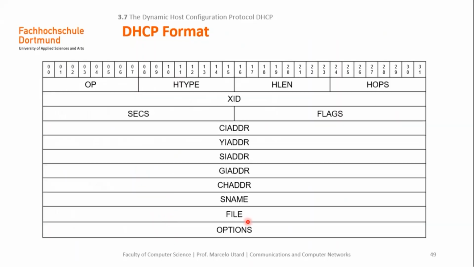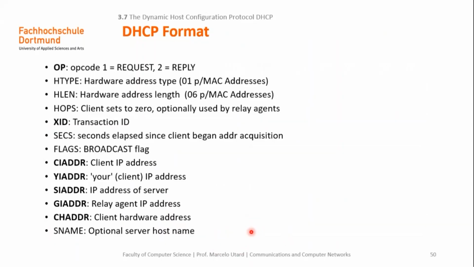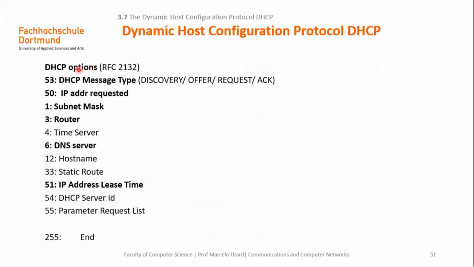And remember, at the end of the DHCP message, there are several options that are coded. For instance, option 53 specifies the DHCP message type, that is DHCP discovery, DHCP offer, DHCP request, DHCP acknowledge, etc. Option 50 specifies the IP address assigned or offered.